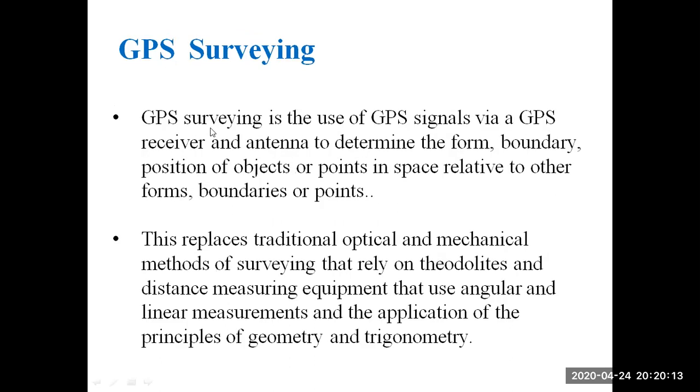GPS surveying is the use of GPS signals via a GPS receiver and antenna to determine the form, boundary, position of objects or points in space relative to other forms, boundaries or points.